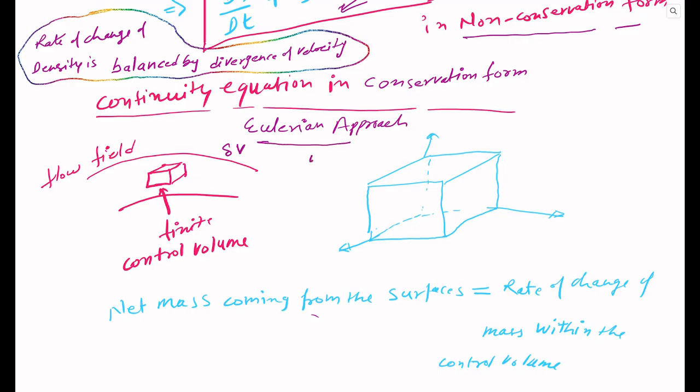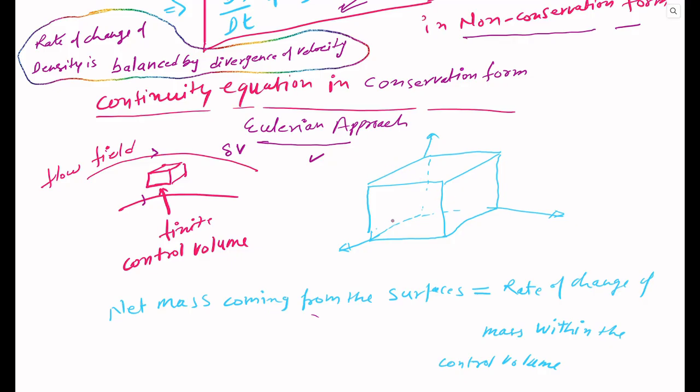In the Eulerian approach, we consider a finite control volume in a flow field. Here this is the flow field, and this is the finite control volume. We know the net mass flow rate means mass will enter through these surfaces.